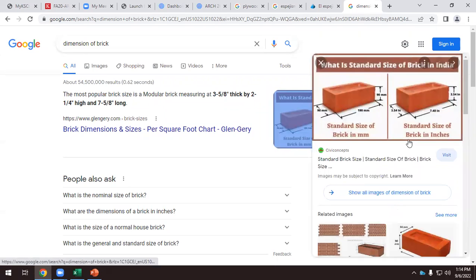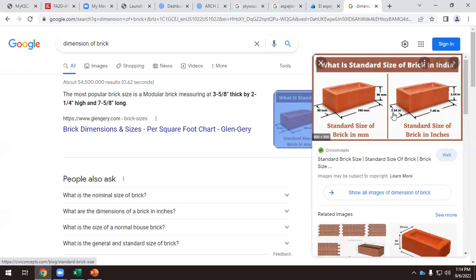dimensions of brick? Standard size of brick in millimeters or standard size of brick in inches. The brick can be either in the long, it's a rectangle, so we can have either 3.54 inches or 7.48 inches, kind of, okay? If we have this layout, this is the thickness, and if we have the other layout, this other thickness.